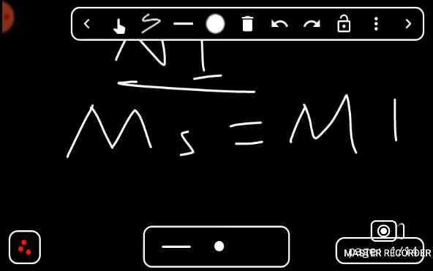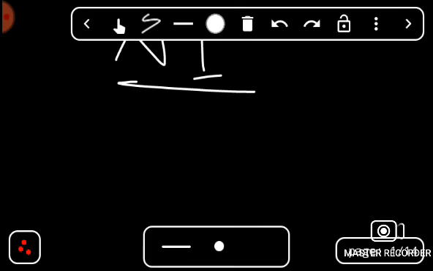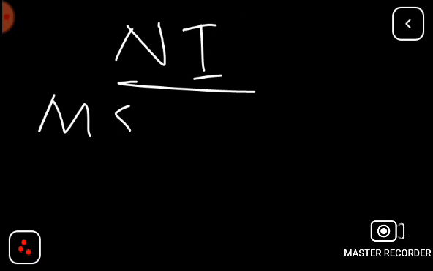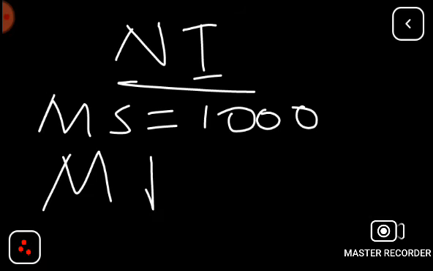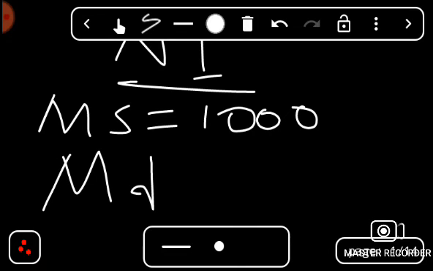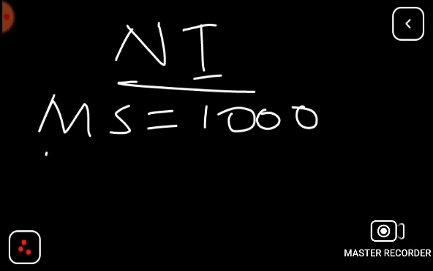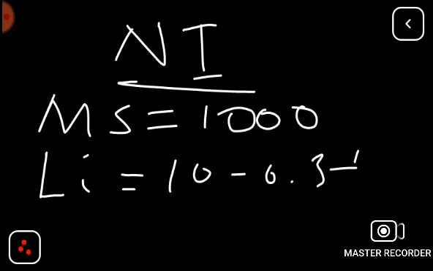What am I talking about? Let me just explain a little bit. For example, in a question they give you MS as 1000 and MD they didn't give you, but what they'll do is they'll just give you L1 and say this is 10 minus 0.3Y, for example.